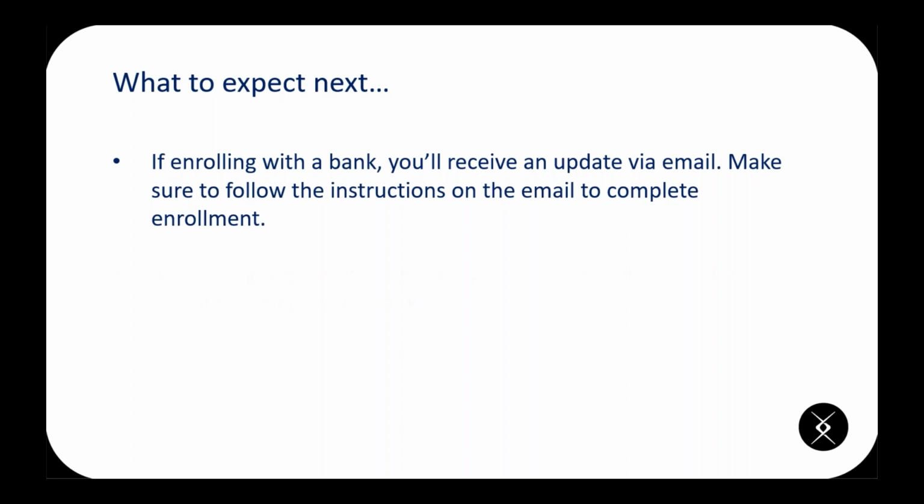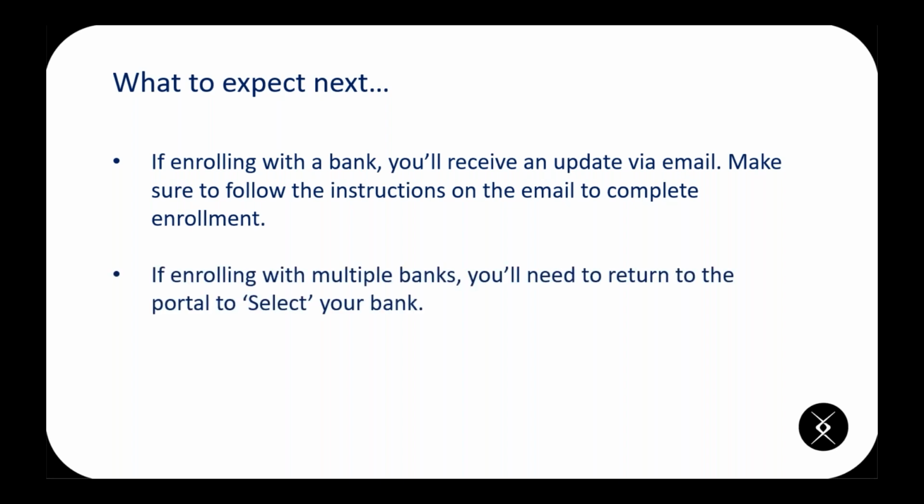And then if you're enrolling with multiple banks, if you want to get approval from multiple banks, you can do that, but you'll need to return at some point, especially towards the December timeframe, to select which bank you actually want to use. You'll be approved, let's say with all 4 banks, and then under that Office Management tab, right below bank enrollment, you'll see a bank selection option.